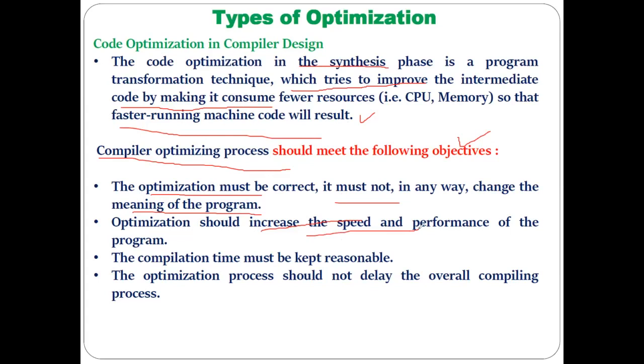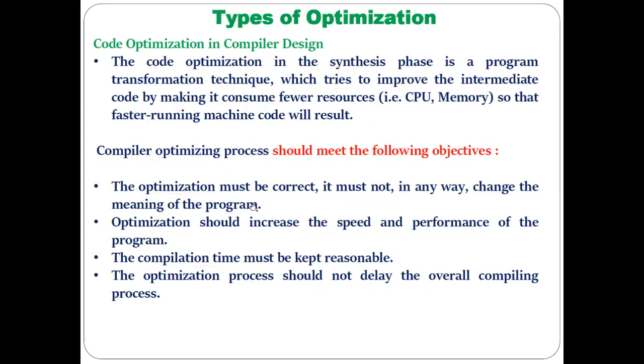These are some objectives. The compilation time must also be kept reasonable, or should decrease, meaning compilation should be performed within less time, and the optimization should not delay the compilation process. Understood? So that is what we have already discussed, what code optimization is and why we need to perform it.